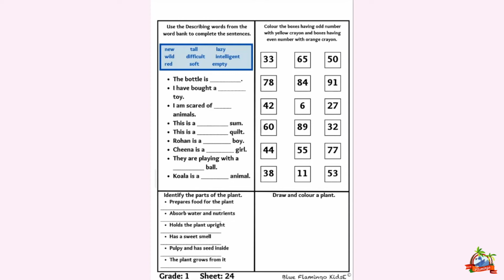So you have to color even numbers with orange and odd numbers with yellow.